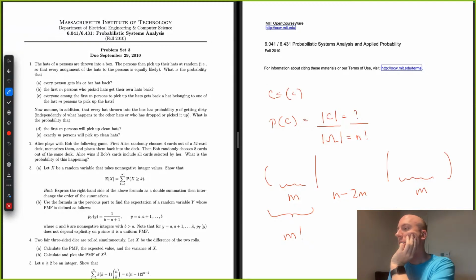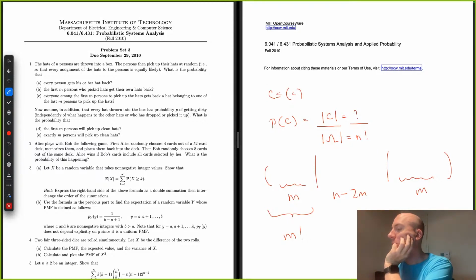So there are n minus m hats left, but we only want to distribute this middle bunch against itself.